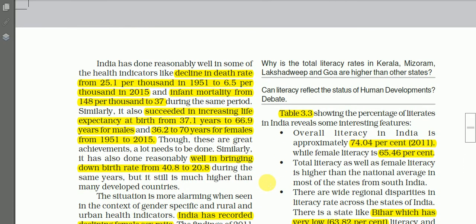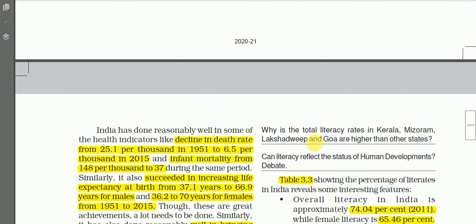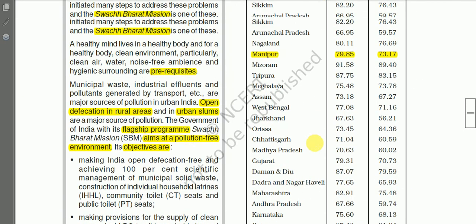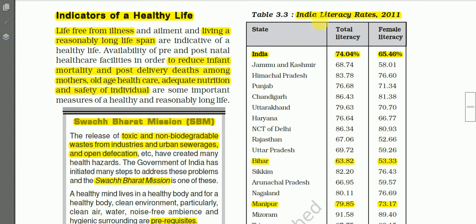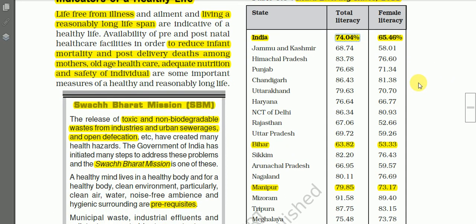So about the literacy rates, just see here, this table shows the literacy rates of different states of India for 2011. For the whole of India, the literacy rate is 74.04% and the female literacy is 65.46%.